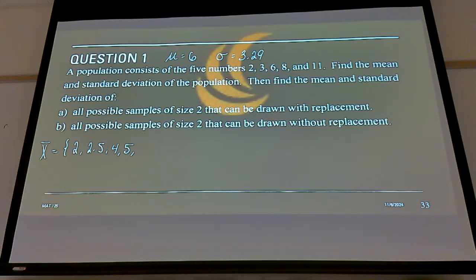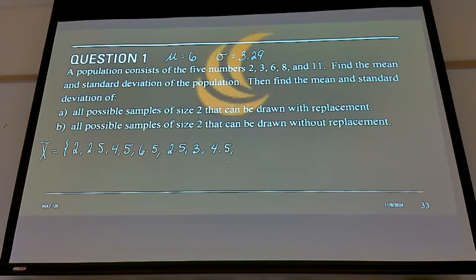3 and 2 is 2 and a half. 3 with 3 is 3. Then 4 and a half, 5 and a half and 7.